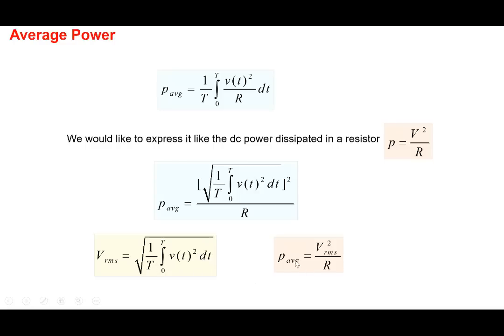So in general, power dissipated across a resistor would be VRMS squared by R, where VRMS is the root mean square voltage. You take the average of the square of the voltage over a time period, and take the square root of it, and that will give you the RMS value. So this is true for any periodic waveform.